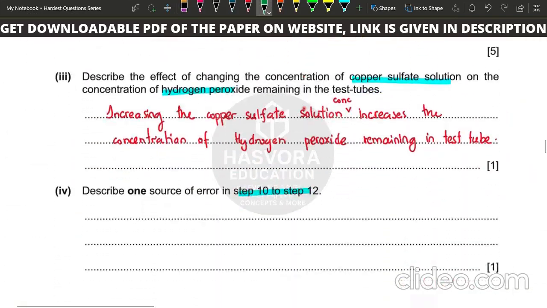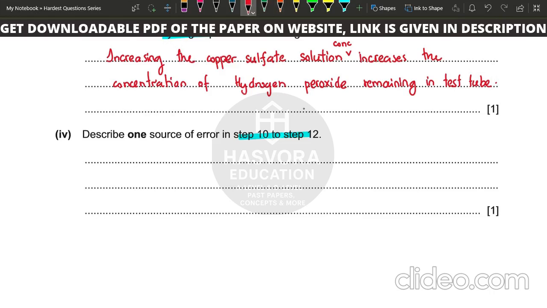So I'll be writing about the size of the drop. I will write: difficult to release one drop at a time, as size of the drop varies.